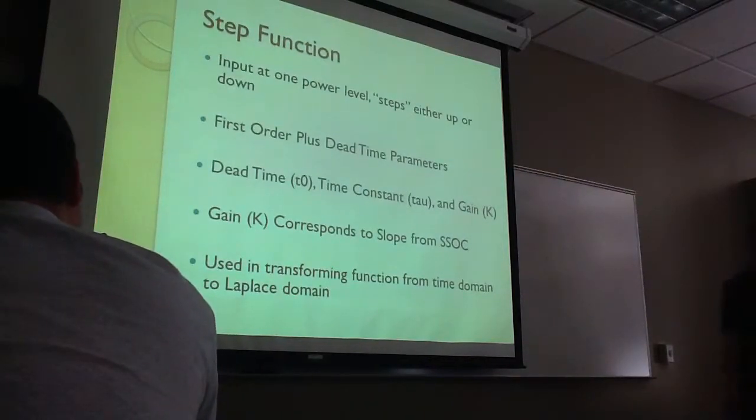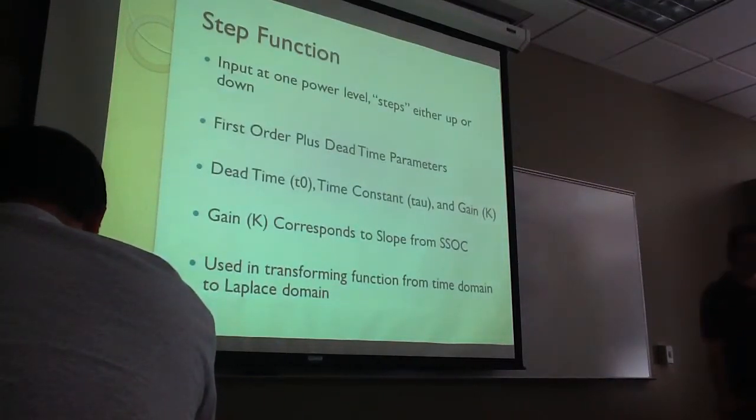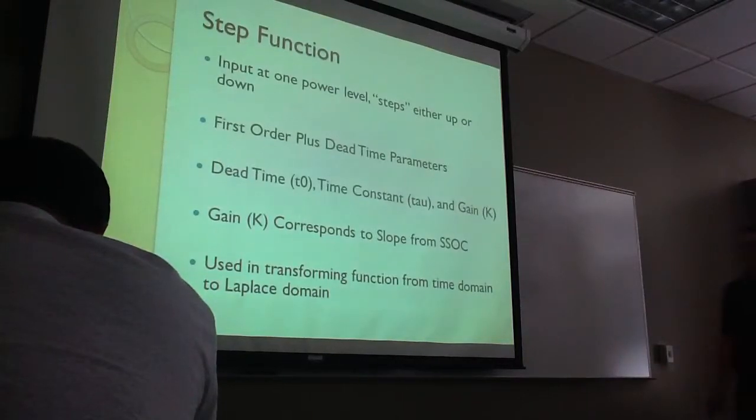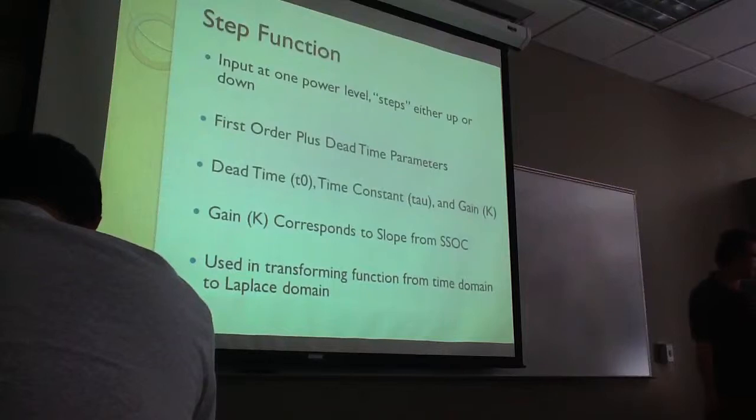The gain should correspond to the slope from the steady state operating curve. And the whole purpose of finding these constants is that they are used in transforming a function from the time domain to the Laplace domain.